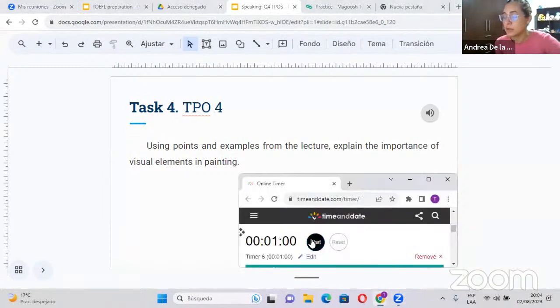Okay, so I'll do this one here. The lecture discusses the importance of visual elements in painting. First, the professor talks about color. Color can express certain emotions according to the professor, or evoke certain emotions in the viewer. She gives the example of the blue color and explains that the blue color evokes a calm or peace sense in the viewer.